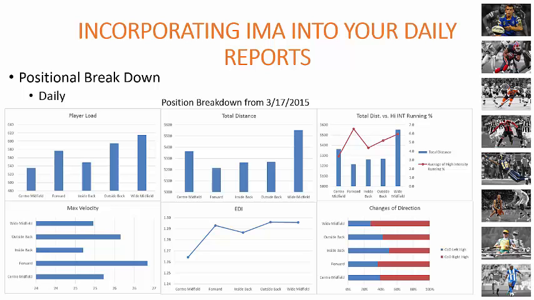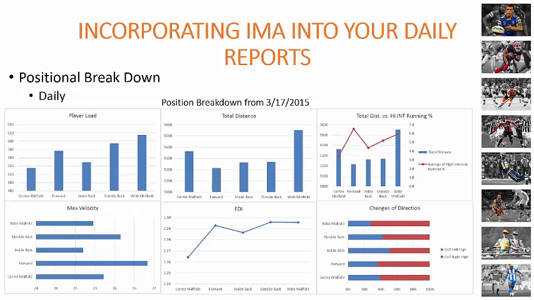These could be player names or these could be dates. So you could change these graphs to look at a snapshot for a day for position for the whole team, or this could be the last 5 days of the week leading into a Saturday game, and this could be dates for a team, or this could be dates for one player.